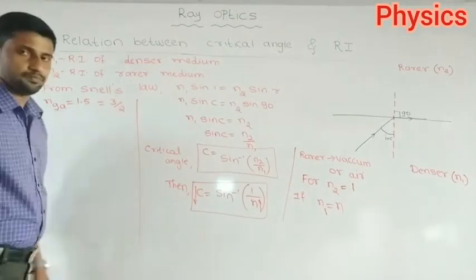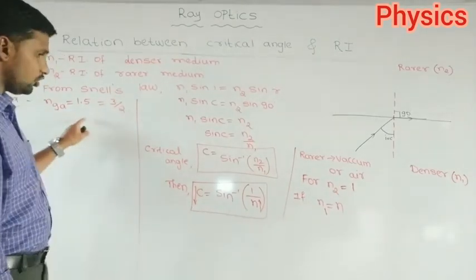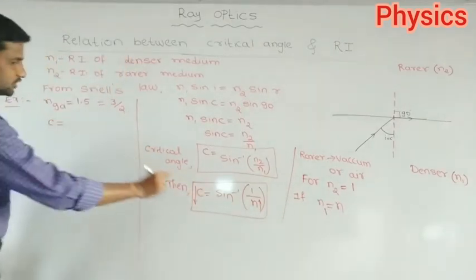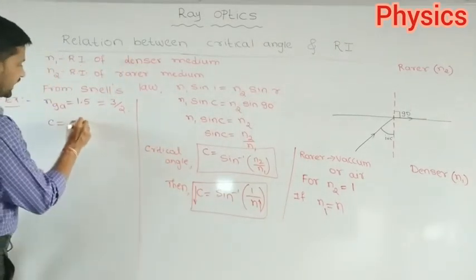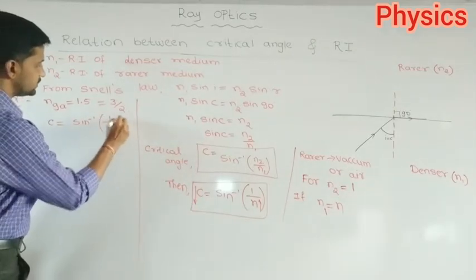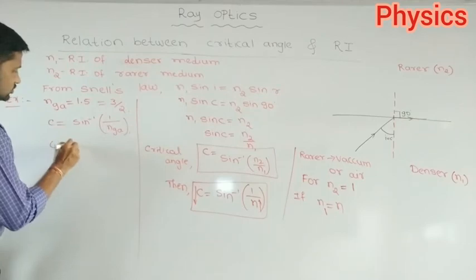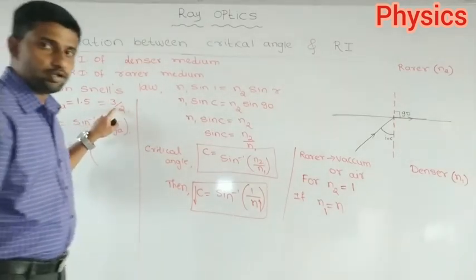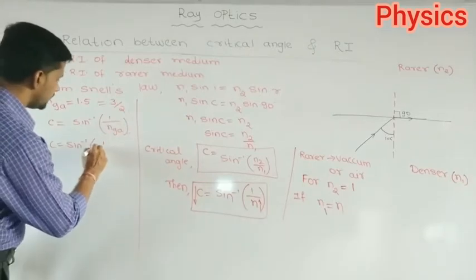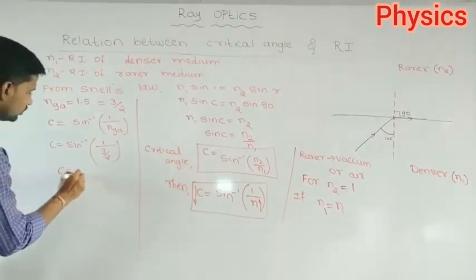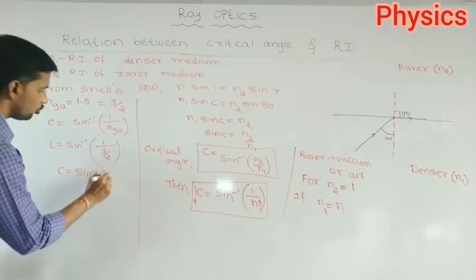If I substitute in this equation, I can write C is equal to sine inverse of 1 by NGA, where NGA is 3 by 2. So C is equal to sine inverse of 1 divided by 3 by 2, or C is equal to sine inverse of 2 by 3.